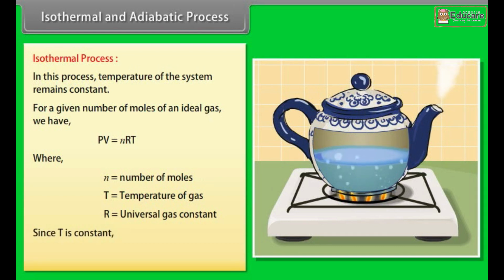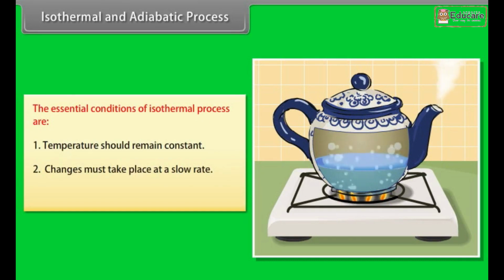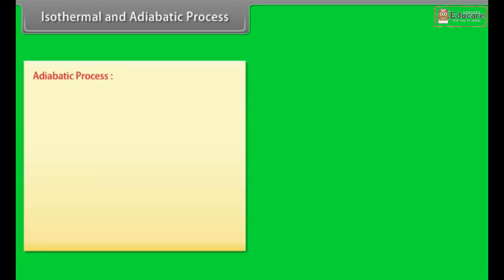Since T is constant, therefore PV is also constant. The essential conditions of isothermal process are: temperature should remain constant, changes must take place at a slow rate, and specific heat of the gas is infinite.